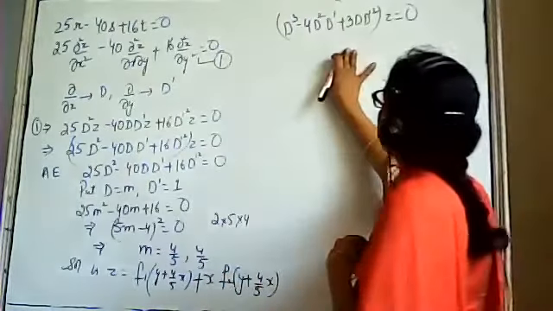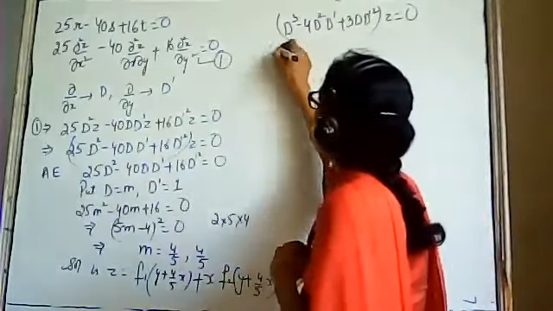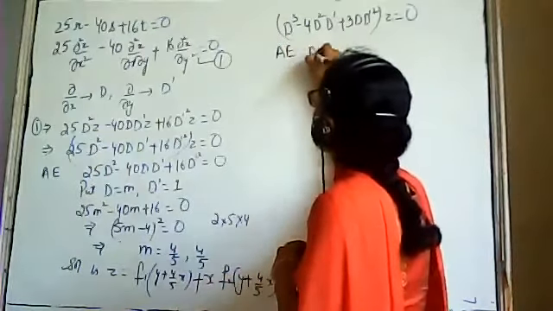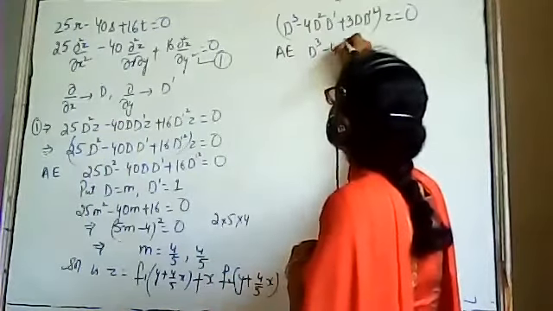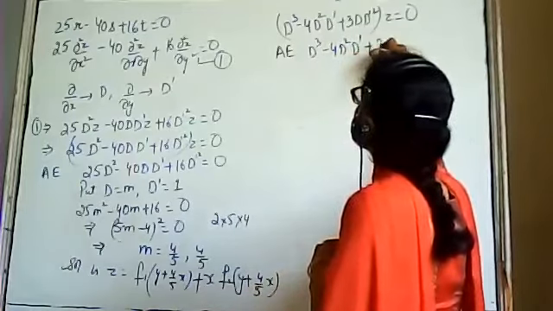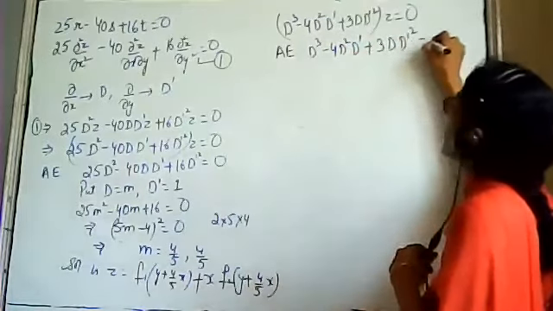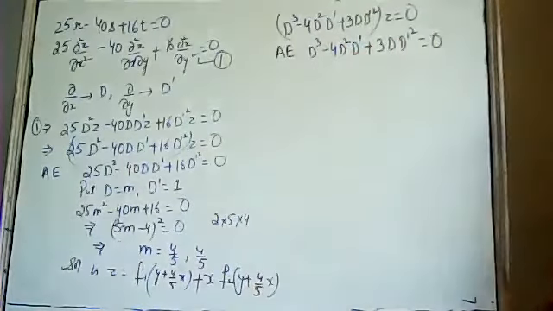First of all, equating the coefficient of z to 0, we get the auxiliary equation. This is D³ - 4D²D' + 3DD'² = 0.